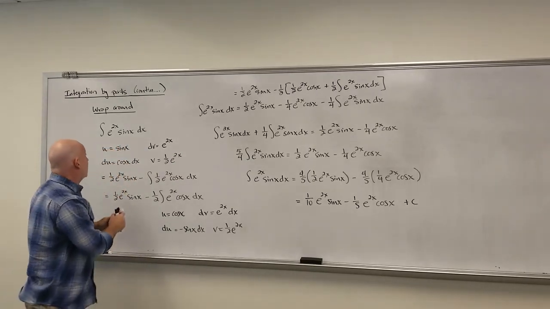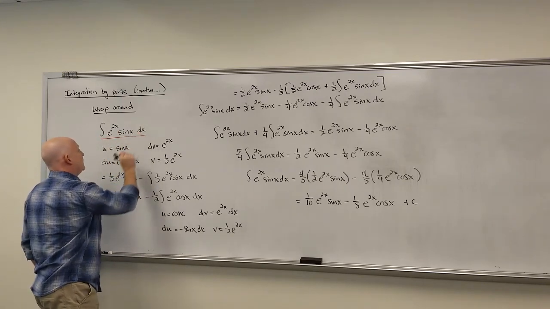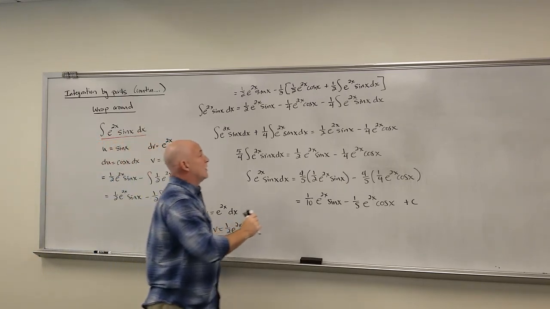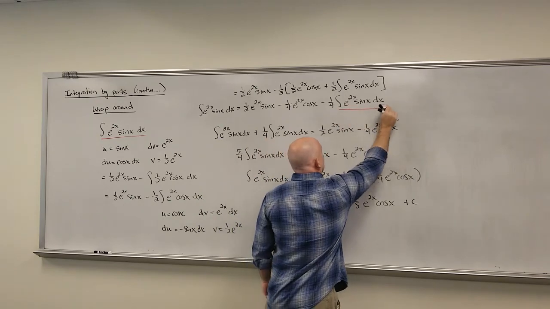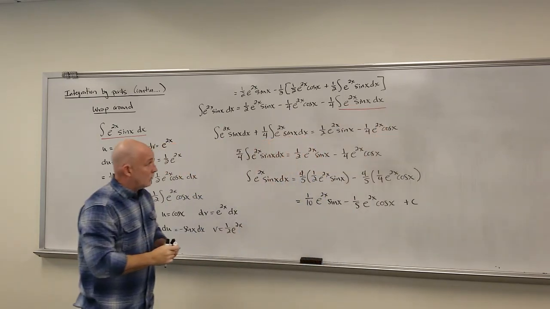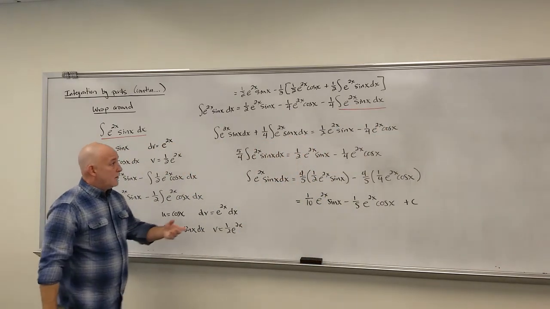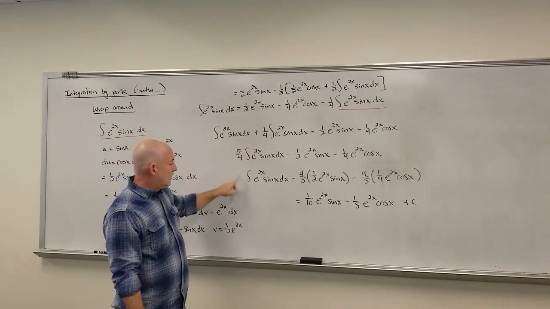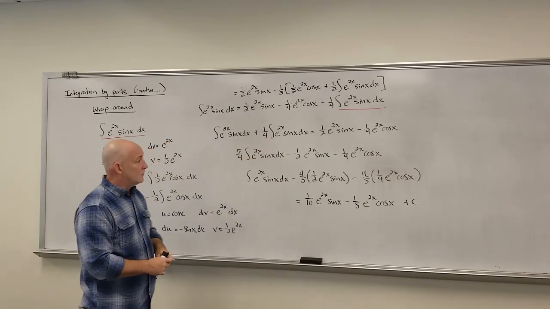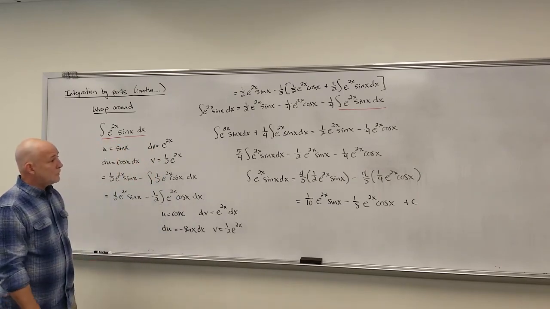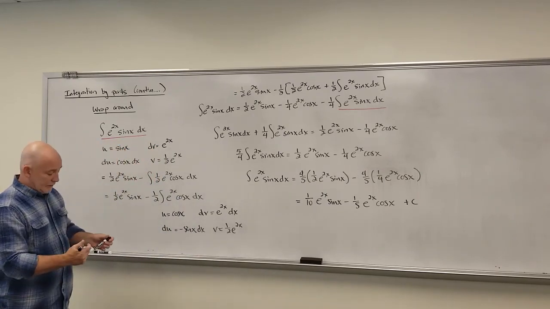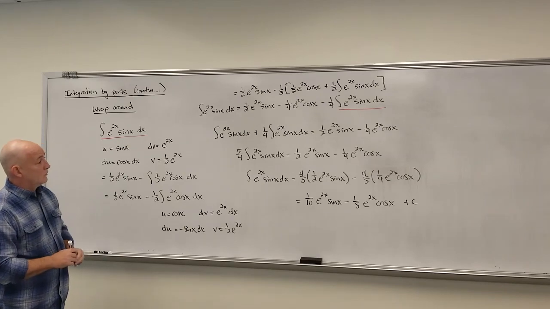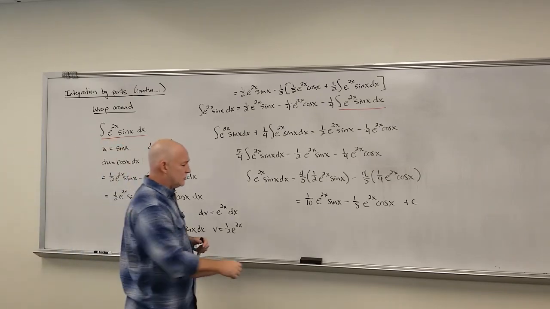So in this case, we started with the integral of e to the 2x sine x, and by doing by parts, we got back to the exact same integral. If that happens, all you gotta do is move that integral to the other side, combine your like terms, and then solve for the integral that you're actually trying to do. All right, so very, very helpful with these wraparound integrals. Like I said, they do show up quite a bit.